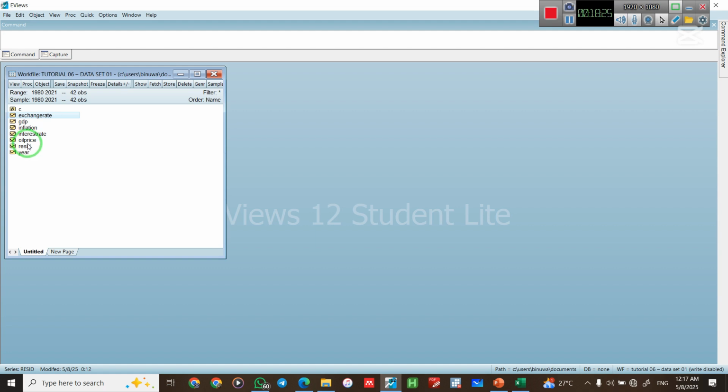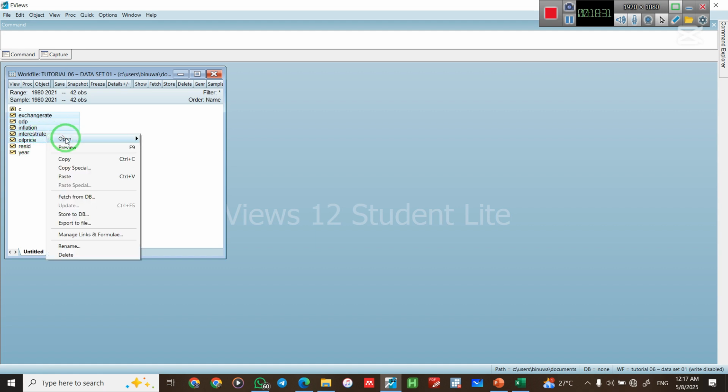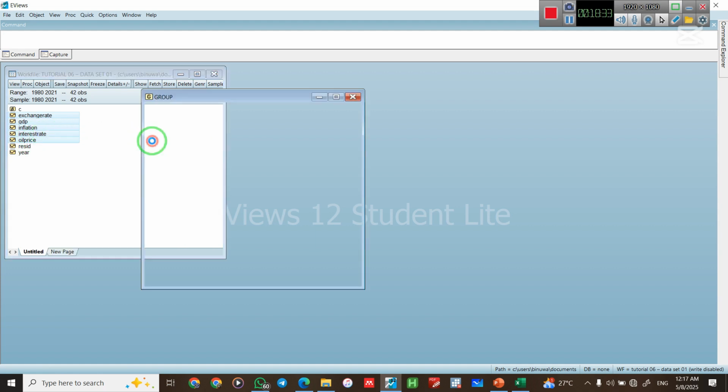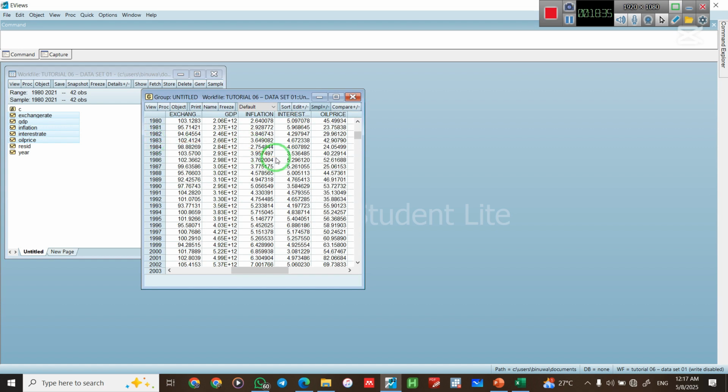So to do that, what you have to do is select all the variables, then right click and open as a group, right? Then all the data will be opened like this.